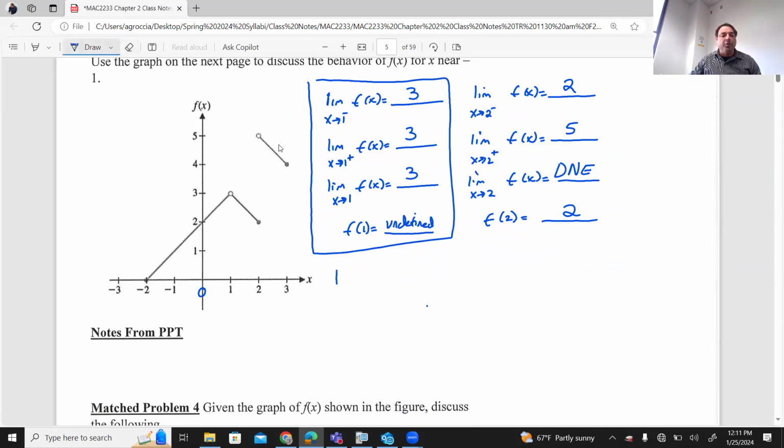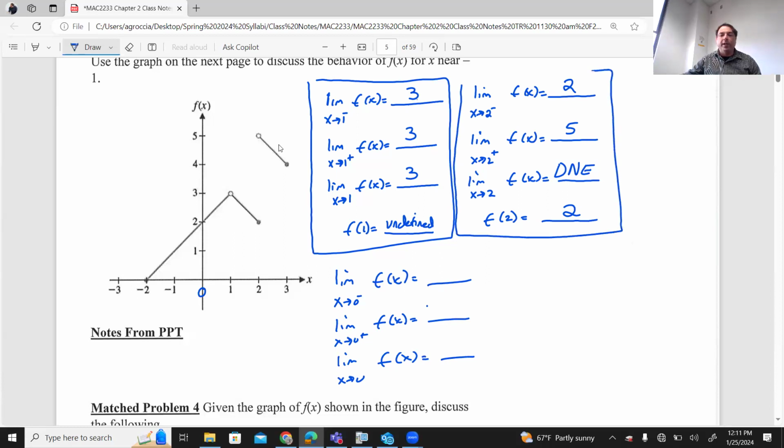What is the limit as x approaches 0 coming from the left? What is the limit as x approaches 0 from the right? What is the limit as x approaches 0? And again, a completely separate question: what happens when you plug in 0? Okay, so give that a try. And we'll go over it.